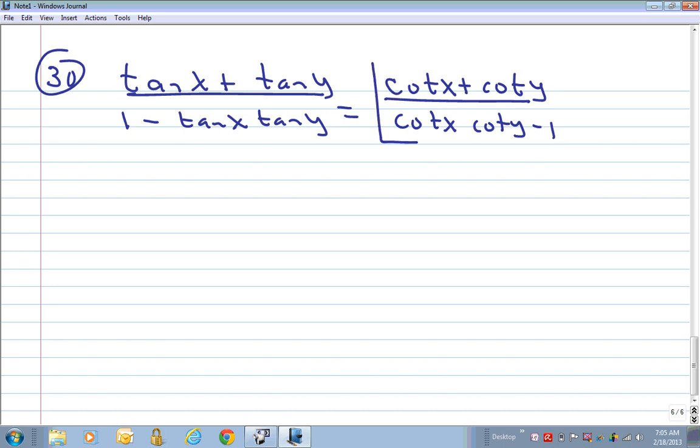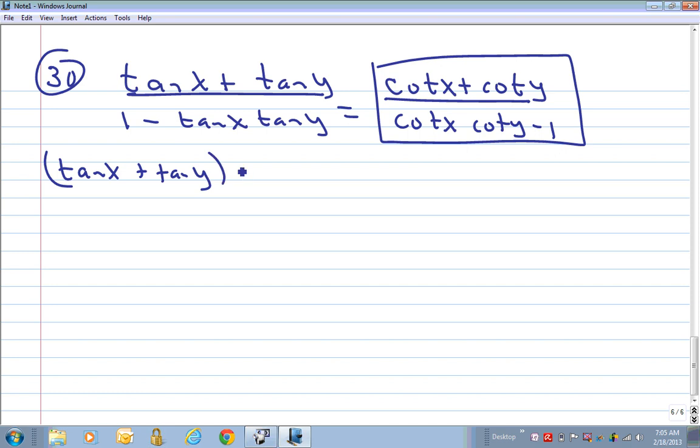We're just trying to make one side become the other. We're basically just rearranging things and forcing ourselves to think through the rearrangement. All right, let's take a look here. We have this big fraction bar, that's the first thing, so I'll go ahead and separate that out. So we have tan x plus tan y, and we're dividing by 1 minus tan x times tan y.